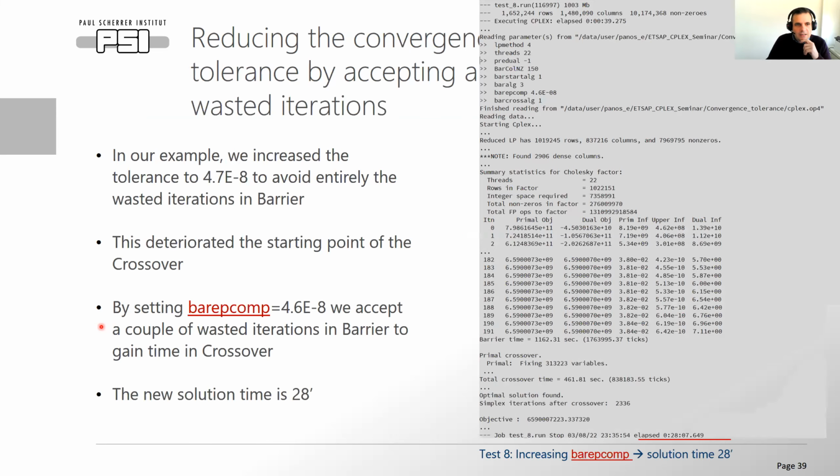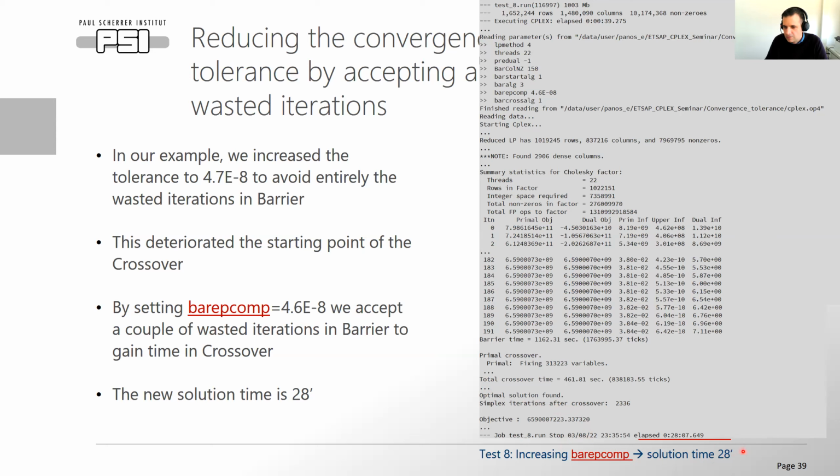So in our example, we had increased the tolerance to 4.7. We saw that this deteriorated the starting point of the crossover because the solution time of crossover was increased a little bit. I hope that if you go back to this slide, you're going to see it. But if we just reduce this tolerance a little bit from 4.7 to 4.6, then we gain time to crossover.